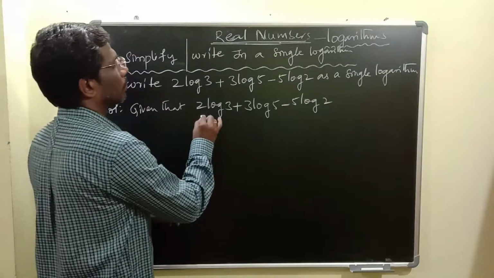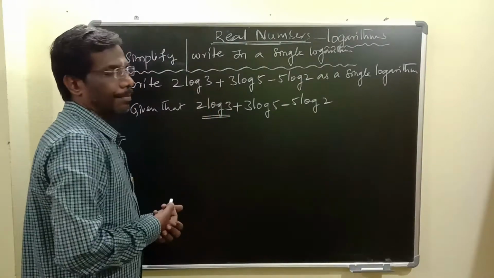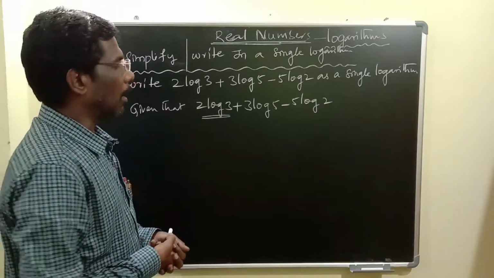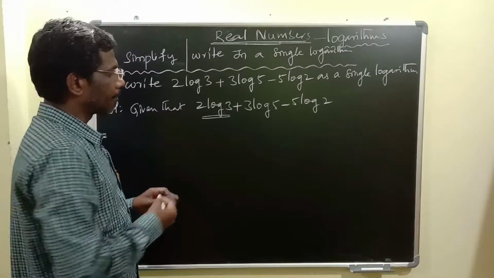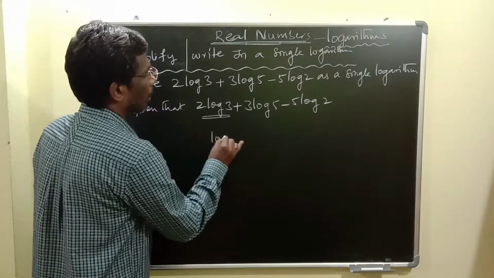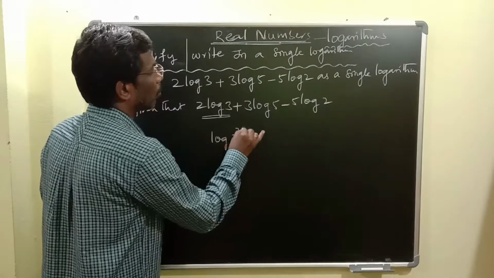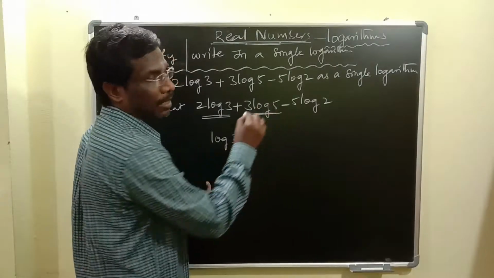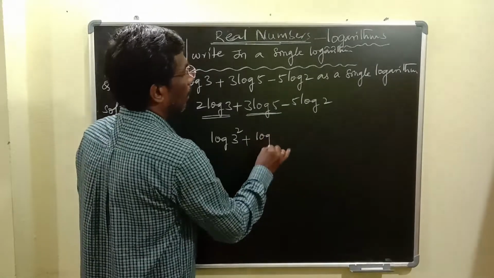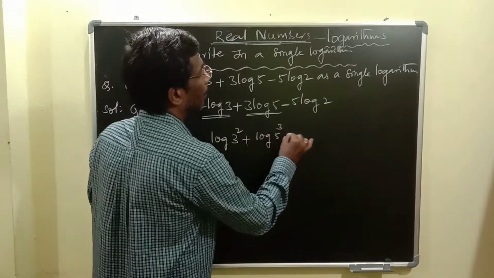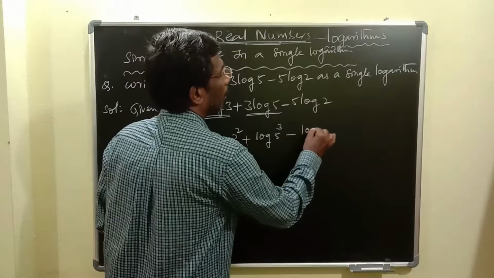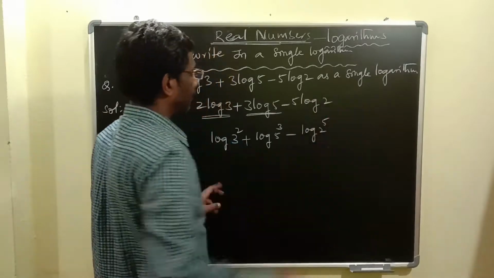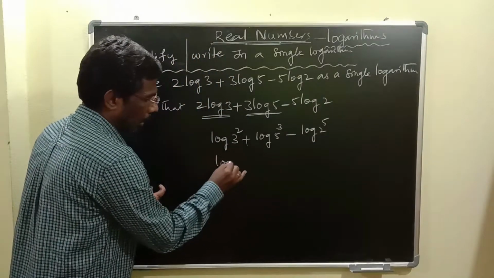For these terms, apply the third law, the power law. So this will be log 3 square plus, for this also apply the third law, log 5 cube minus log 2 power 5.